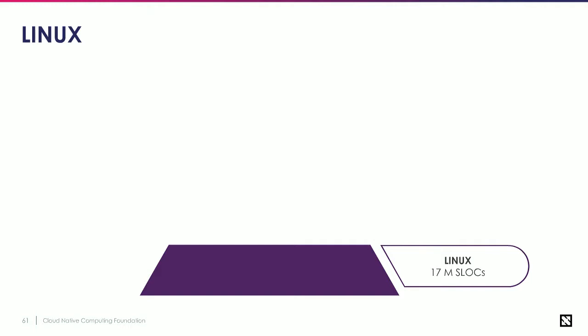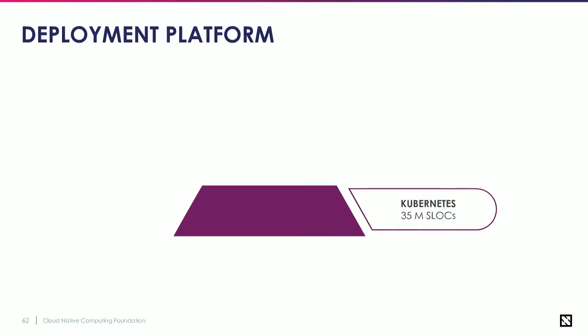So let me give a shout out here to David Wheeler, the author of SLOCCount, which is the tool we used. And our app, unsurprisingly, runs on Linux, which is 17 million source lines of code, or SLOC. It also runs on Kubernetes, which amazingly is now double Linux's SLOC count at 35 million.